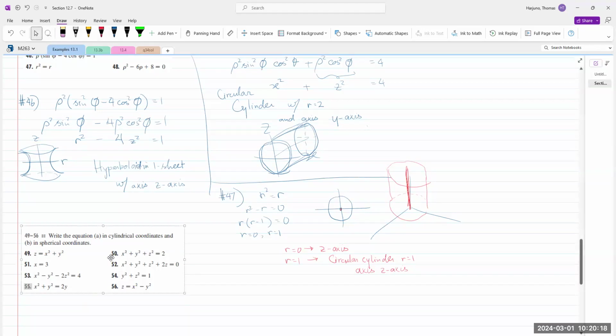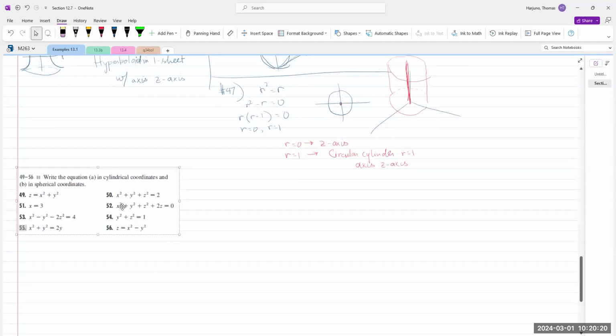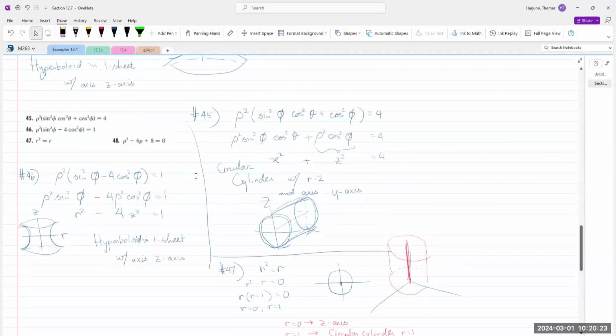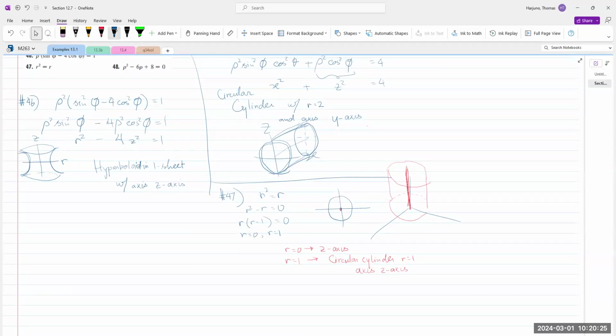And I think number 48 is very similar, but instead of a cylinder, that will be two spheres, right? So number 48, we do factorization there. You will see that's rho minus 4, rho minus 2 equals 0. This is rho equals 4 and rho equals 2. Those are spheres. Should we say concentric spheres?